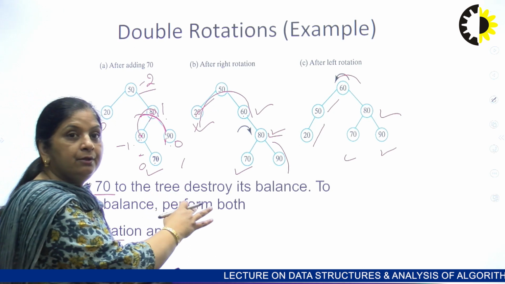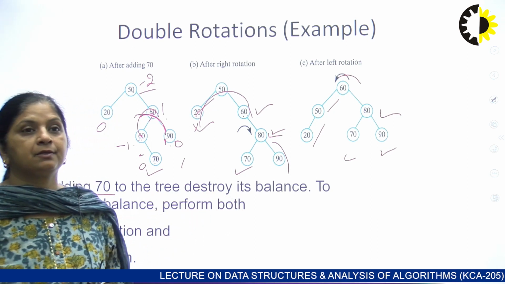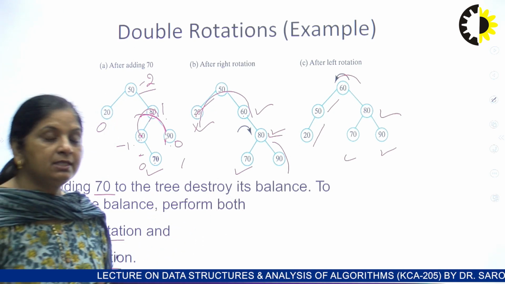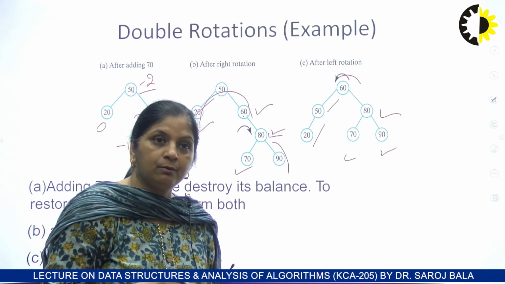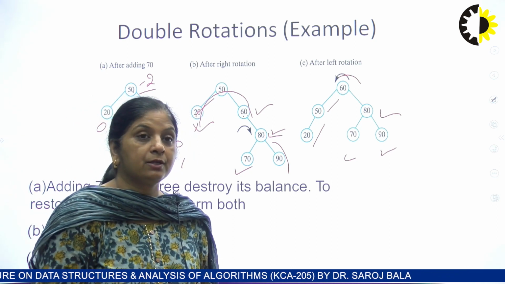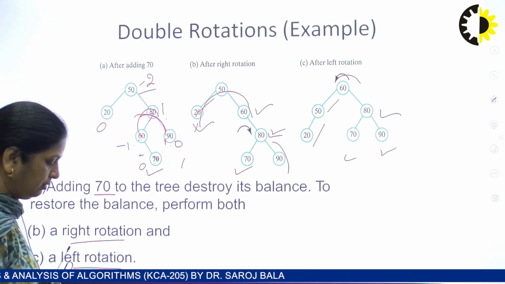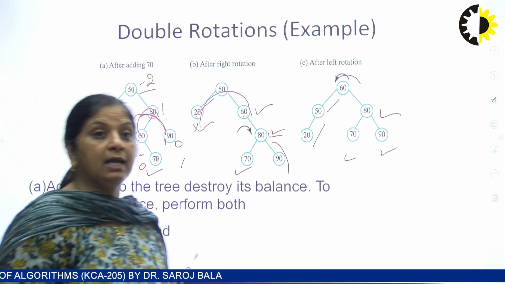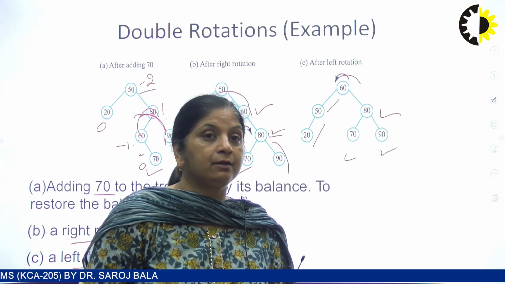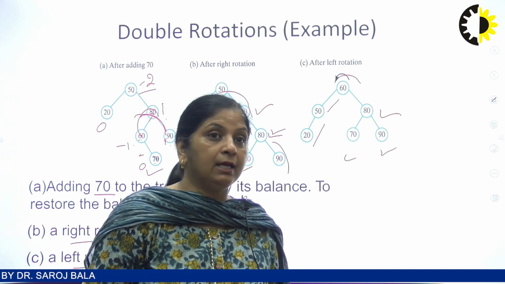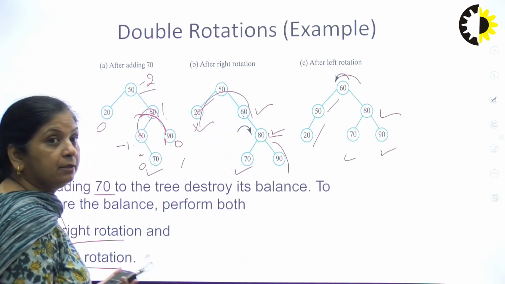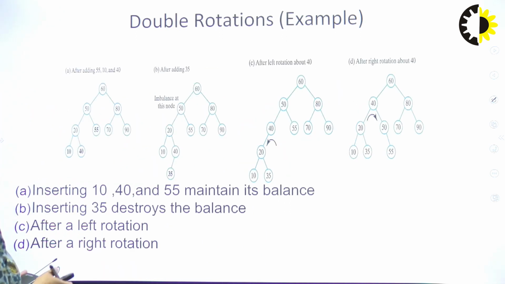So what happened? Now again it is balanced. This is AVL. We can have single rotations or double rotations, which we need to do, we will check according to the sign of the balance factor. So the balance factor is used in balancing the height of the AVL trees.